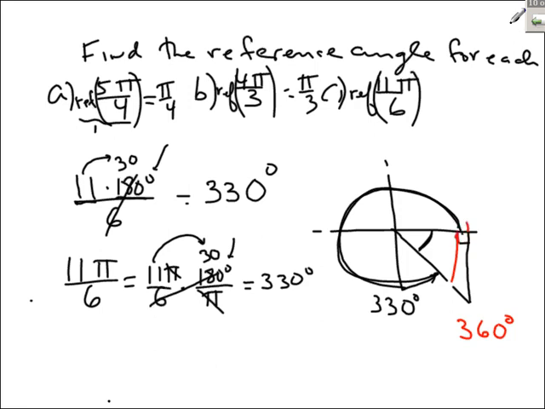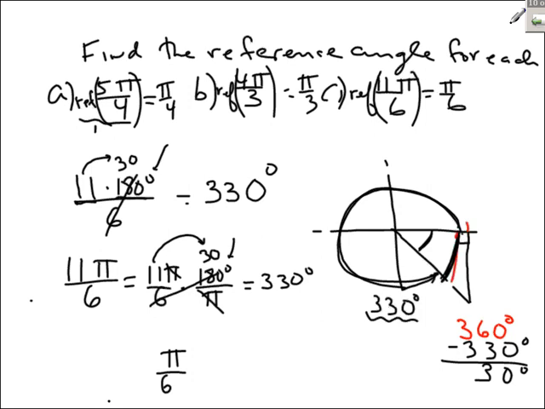I get exactly this angle. But I know what I took away. I took away 330 degrees. So what's left is 30 degrees. That's the reference angle. Now, you can say 180 over 6 is 30, and that'd be your answer. The reference angle is pi over 6.